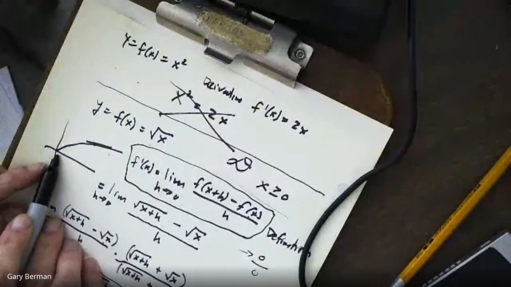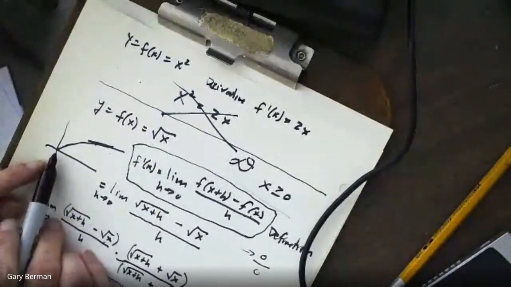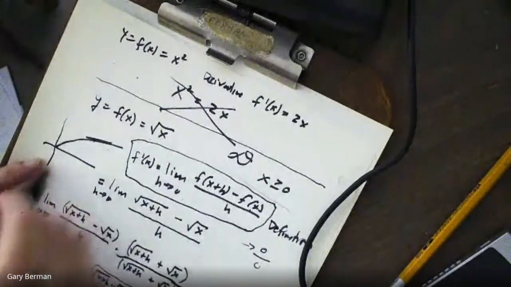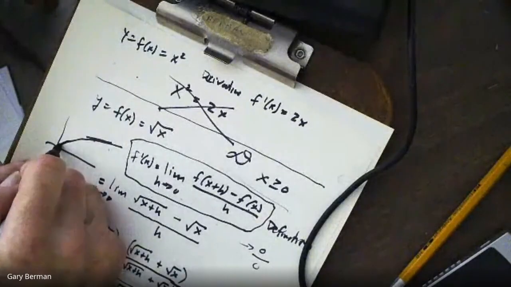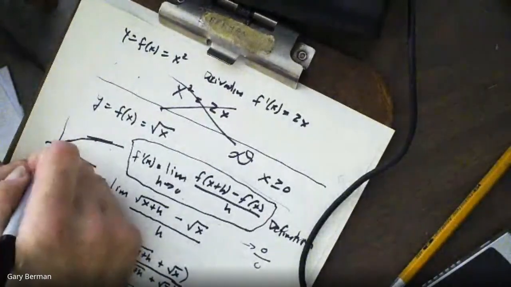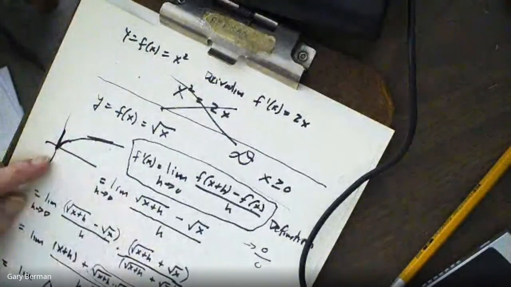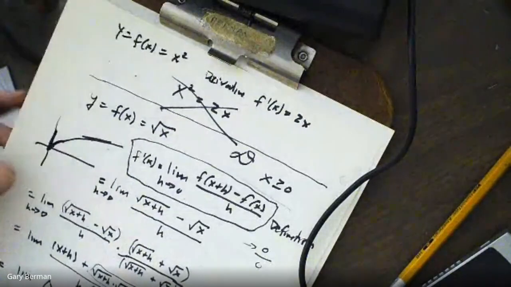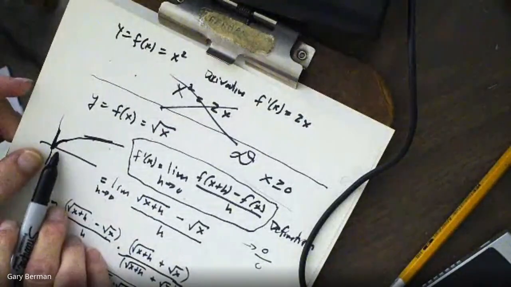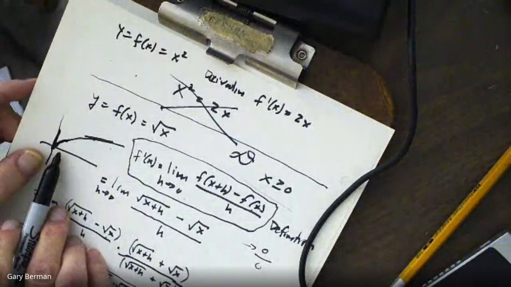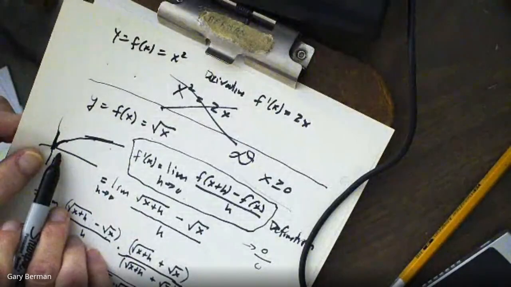If I went to try to draw a tangent line at x equals 0, if I drew this in really well, we would see that the curve becomes vertical. The tangent line becomes vertical. And remember, a vertical line has no slope defined.